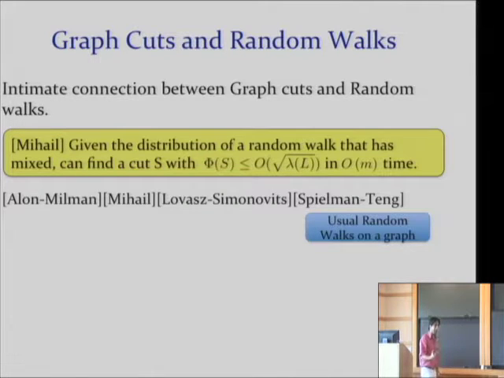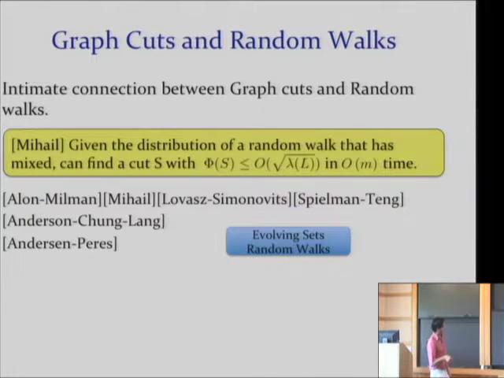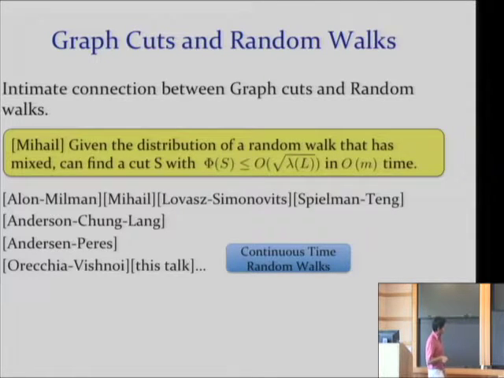You can define several other natural kinds of random walks on graphs. For example, Anderson, Chung and Lang use PageRank random walks. Anderson and Peres, as I mentioned before, use random walks on sets. And in this work of Orecchia and Vishnoi, and in our talk, we will use continuous time random walks.